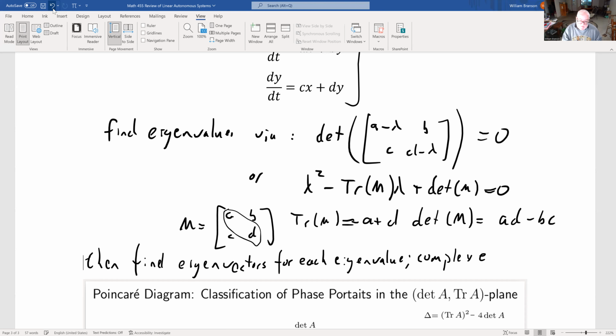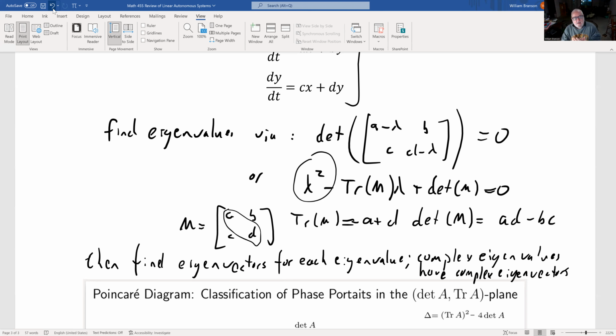Because this turns out to be a quadratic, look at the lambda squared, complex eigenvalues have complex eigenvectors, and we're not going to worry about those too much. The complex eigenvectors aren't particularly interesting for us, right? We're interested in the case where our eigenvalues are real and they each get their own eigenvector.